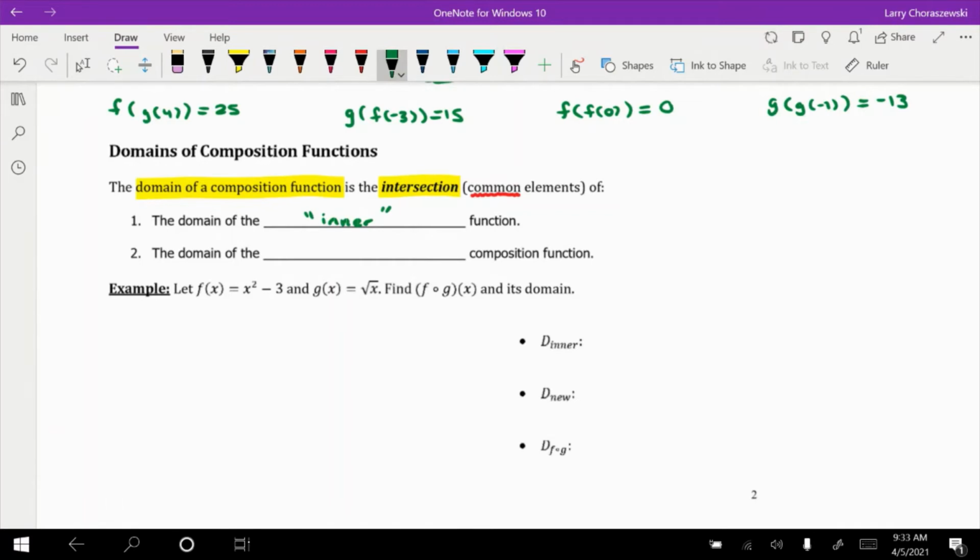What I mean by inner function is not the simplified, but the function that's getting plugged in. Let's say the plugged in function. As well as the domain of what I like to refer to as the new function.